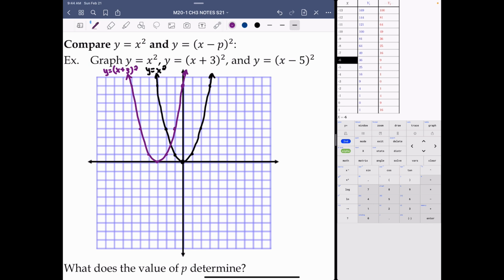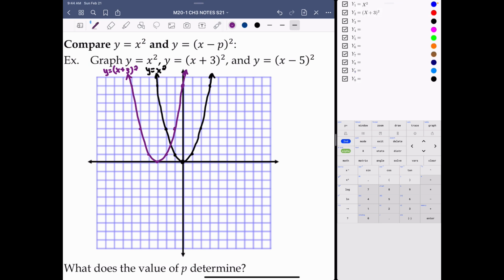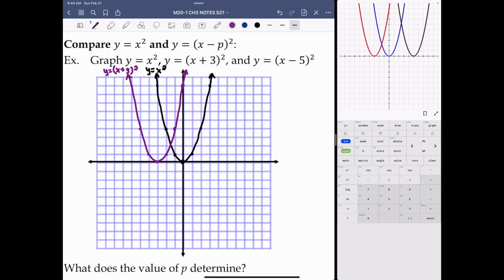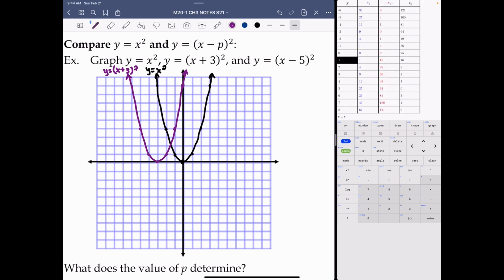Go back to y equals, down to y3, and enter bracket x minus 5 close bracket squared. Graph that. And again, it looks the same as the other two, but it's off to the right. Use our table. When x is 1, y is 16. That's too big to graph. When x is 2, y is 9. When x is 3, y is 4.